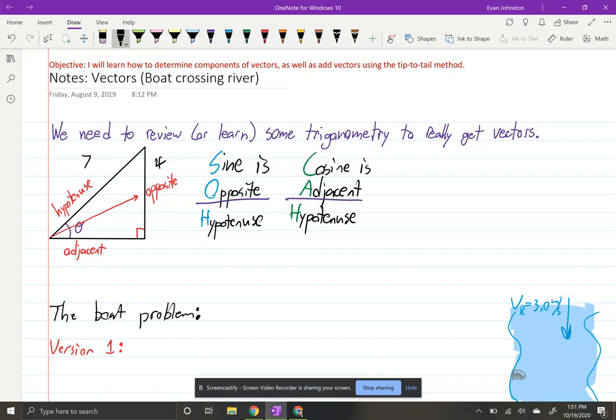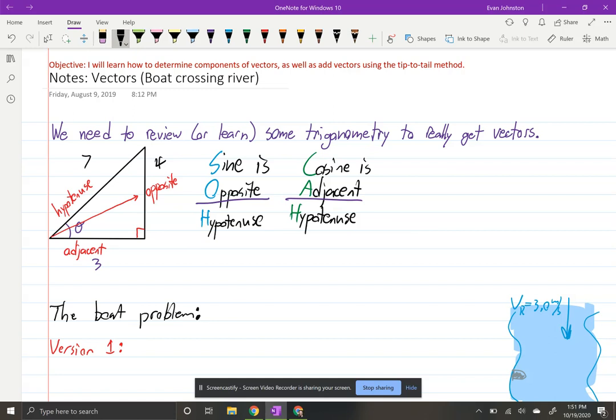So if I was doing cosine of my angle here, let's say this side is 3. Then we would have adjacent over hypotenuse, because cosine is adjacent divided by the hypotenuse. So I'd have 3 over 7. That's how this would work, okay?